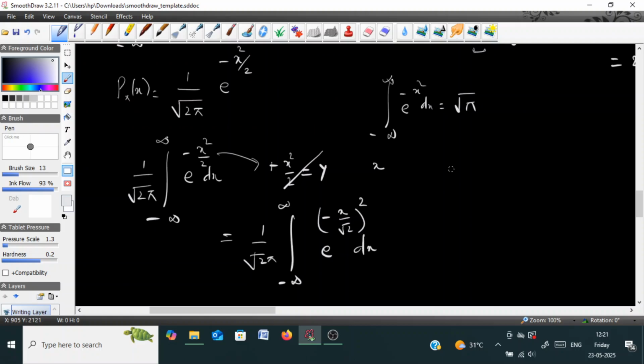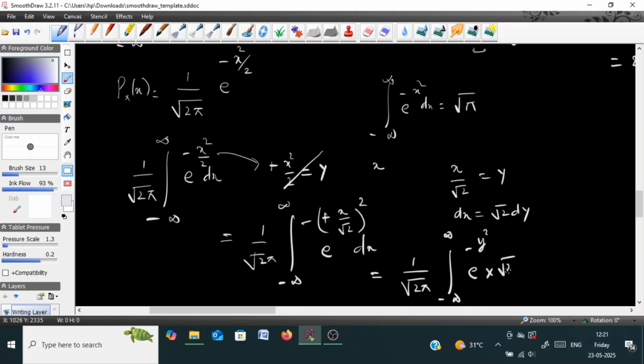And then I replace x by root 2 as y, then your dx will be under root 2 dy, and this integration will become 1 by root 2 pi integral from minus infinity to plus infinity e raised to power minus y square into root 2 dy.